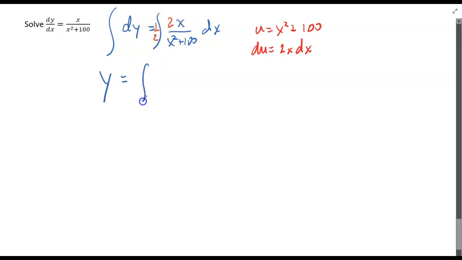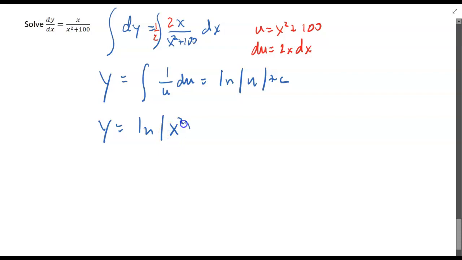I get the integral of 1 over u du, which is the natural log of u plus c. And there's my answer: the natural log of x squared plus 100 plus c. We've seen lots of those. In this section, you're not going to see anything new. It's just review of everything we've done so far this semester.